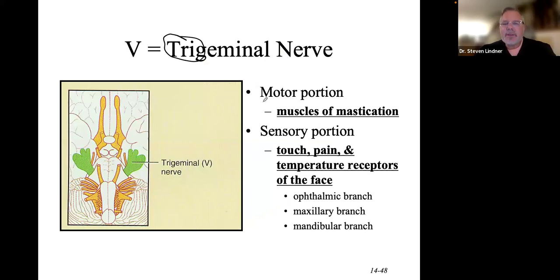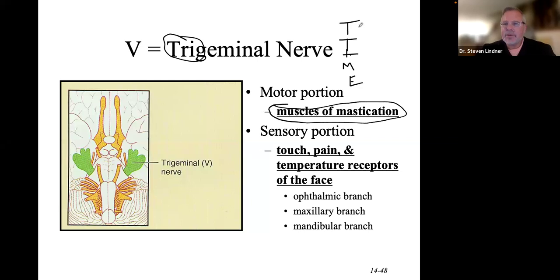The trigeminal nerve just doesn't control the sensation to the face, but it also controls the muscles of mastication, those chewing muscles that you learned. We call them time muscles. T-I-M-E, time.